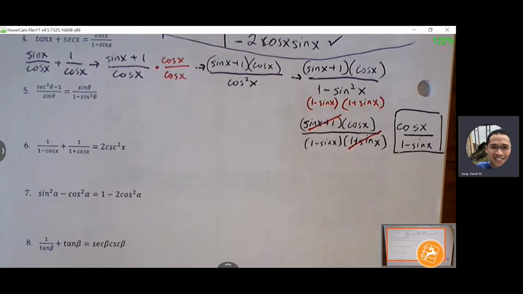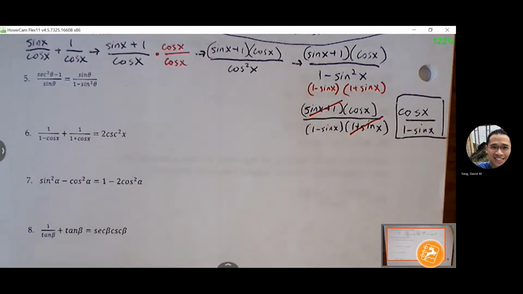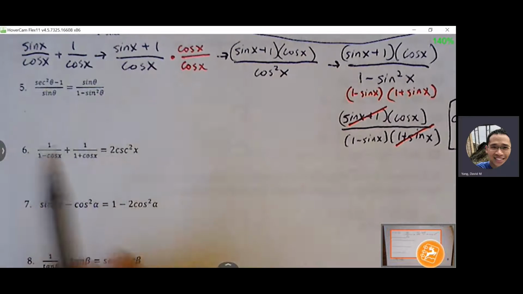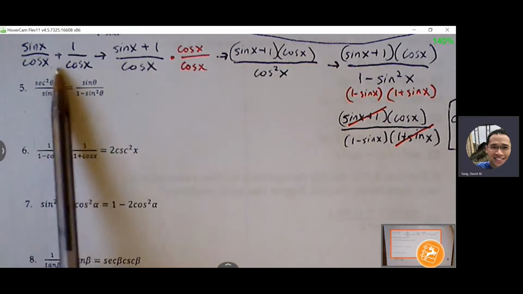Number 5. Okay, so tangent squared theta minus 1 over sine theta. Trying to reach our goal of sine theta minus sine squared theta.